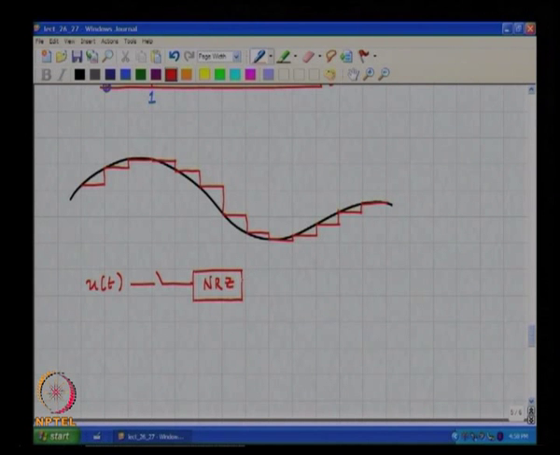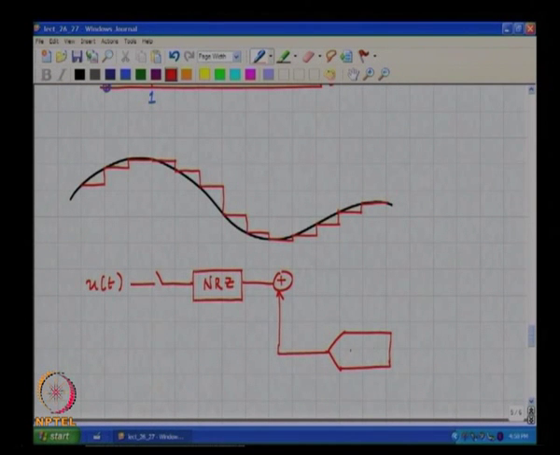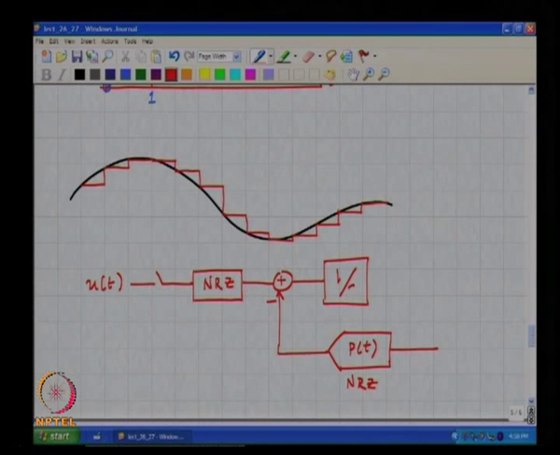Okay. This is an NRZ back pulse. This is 1 by S, this is the output.